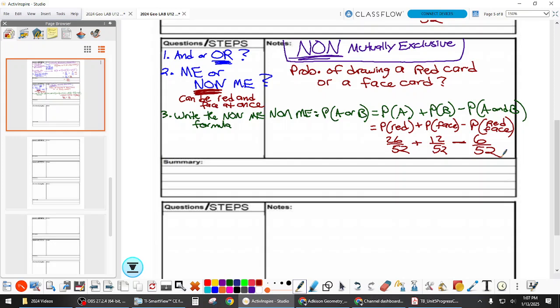All of our denominators are the same, so we can just add and subtract like normal. So 26 plus 12 is 38, minus 6 is 32 out of 52.